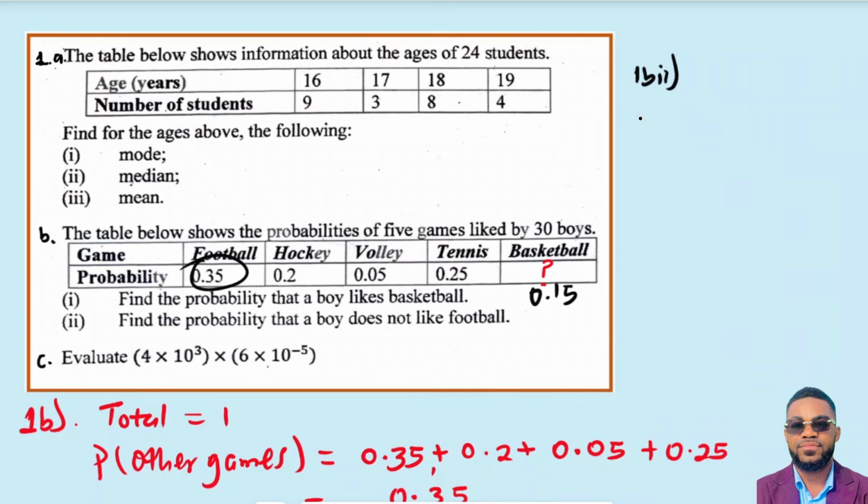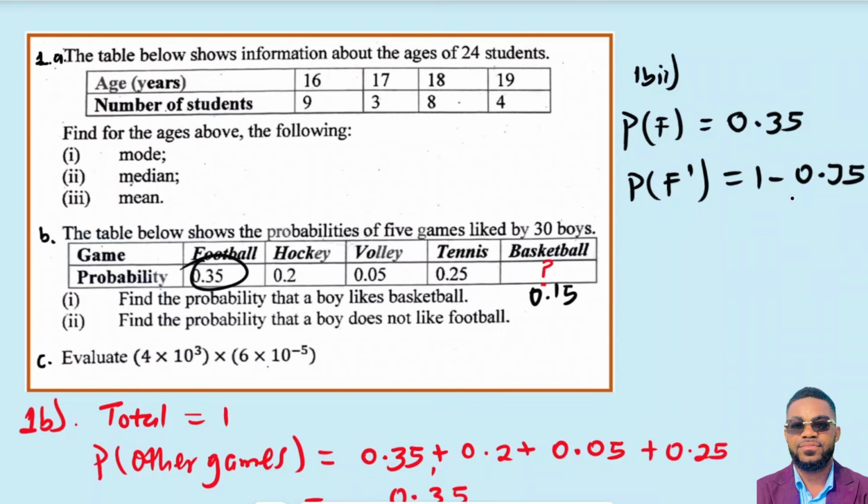So the probability of football, that one is here, is equal to 0.35. So the probability of the person not liking football, that is P of F prime, is going to be 1 minus 0.35. So that's a simple way to get the answer.